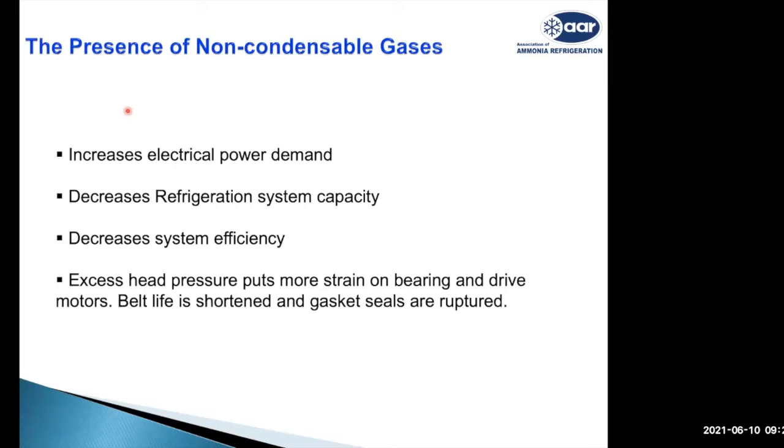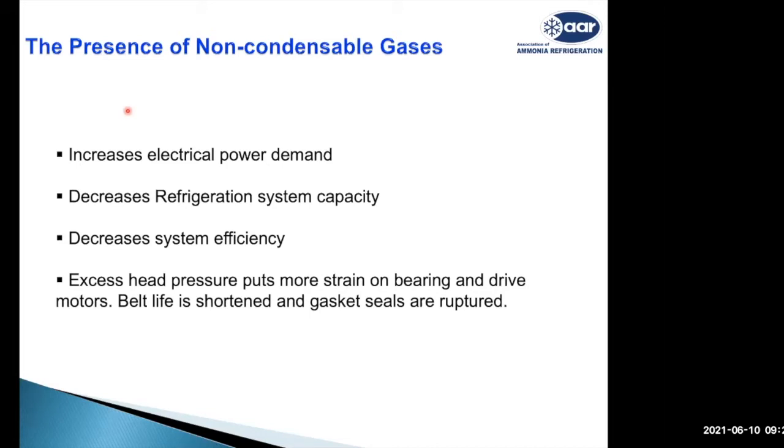Now when these non-condensable gases remain present in the system and keep accumulating, they do not operate the plant, but keep running along with the ammonia gas, and they increase the electrical power demand because my discharge pressure is now increased, being the refrigerant pressure plus the non-condensable gases.